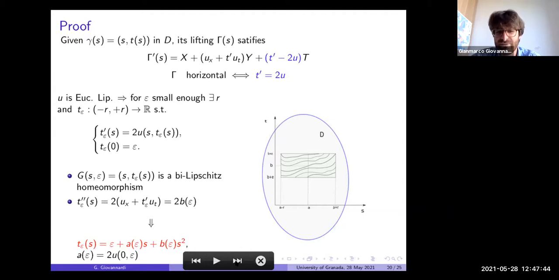Now, a priori, this t epsilon is only C^1,1, not C^2. So I cannot apply the Schwarz theorem that the cross derivatives are equal.